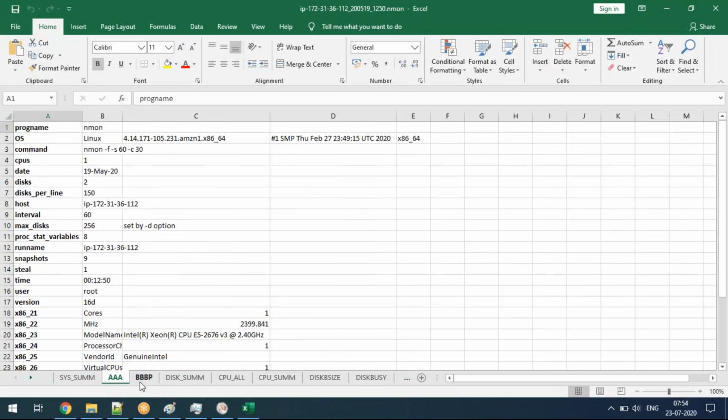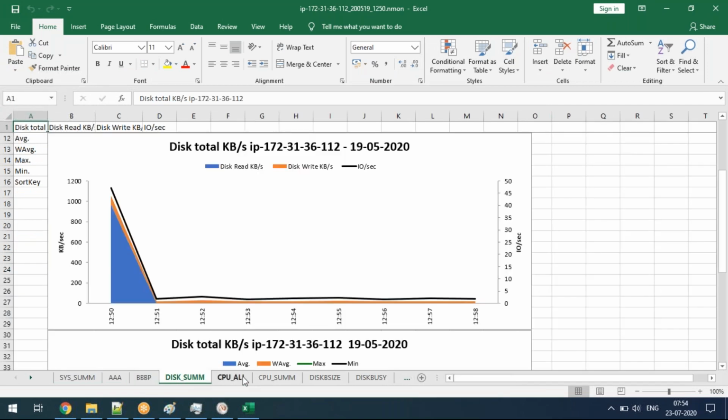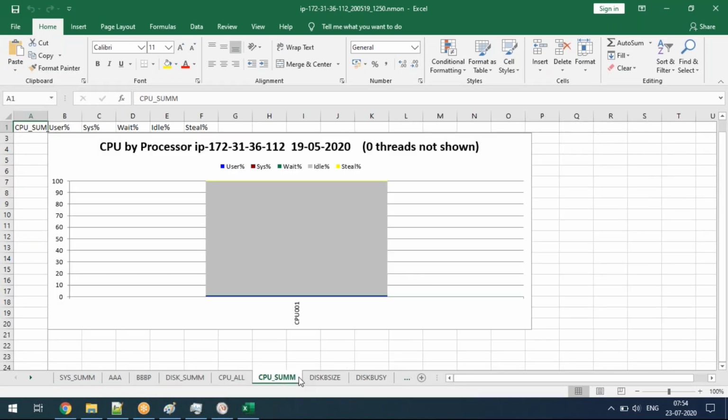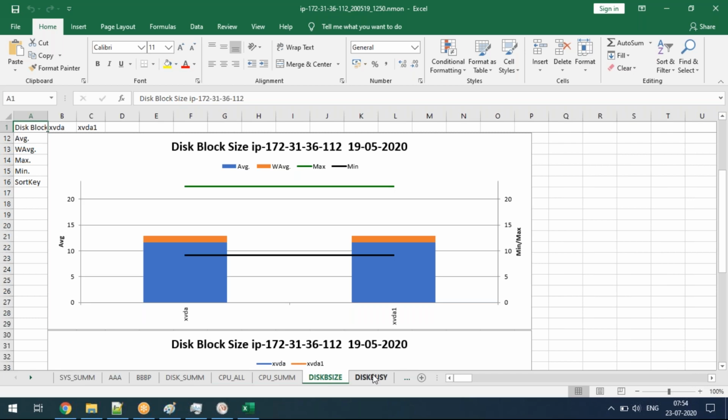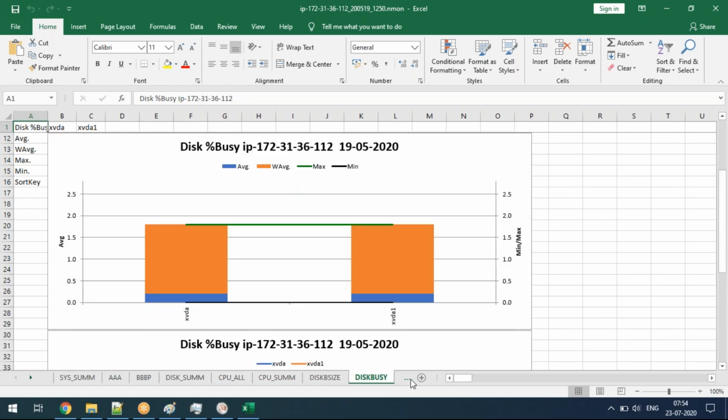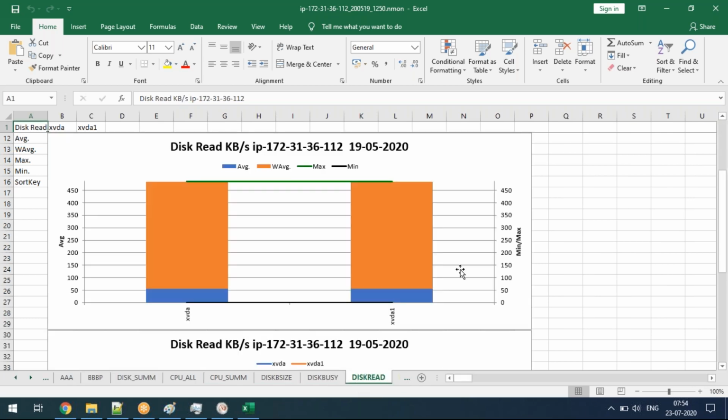This is disk level information, CPU level information, CPU summary level information, disk size, disk busy, and you have a lot of other things. This is actually an nmon report, Pati. So this is the way you are going to do it. How you are going to do it, what you are going to do, how you are going to analyze the report, that we will be doing in our course. Okay, that is about nmon.